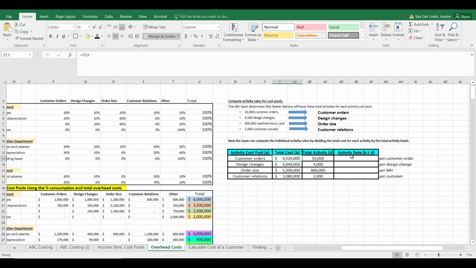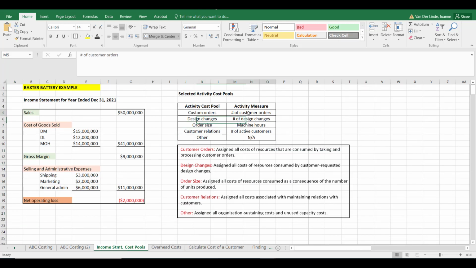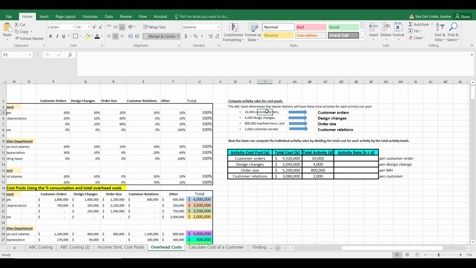So to find the activity rate for each cost pool, we need to know what the total activity was for the entire company for the period. So the customer order cost pool, remember its activity measure was the number of customer orders. And the total customer orders that this company had for the entire period was 10,000 customer orders.